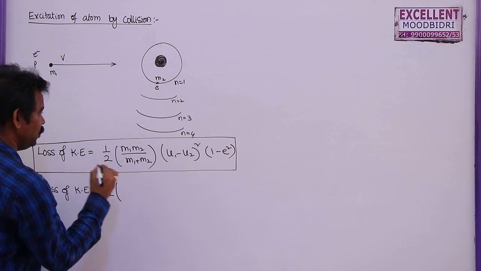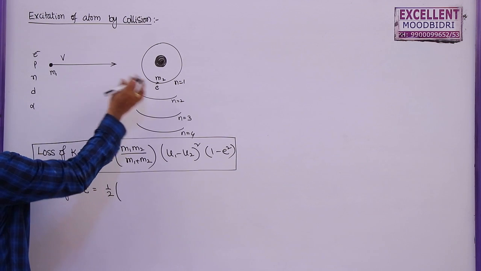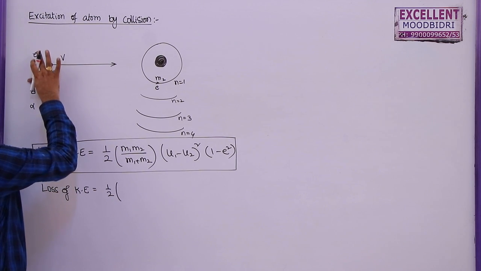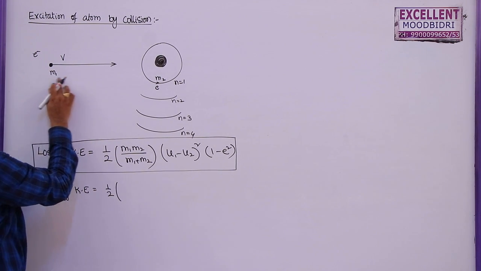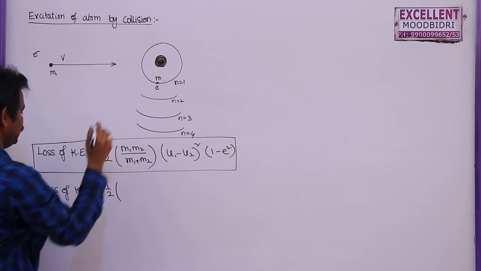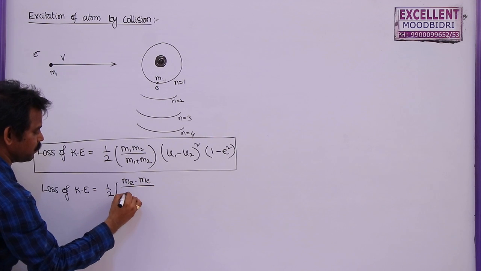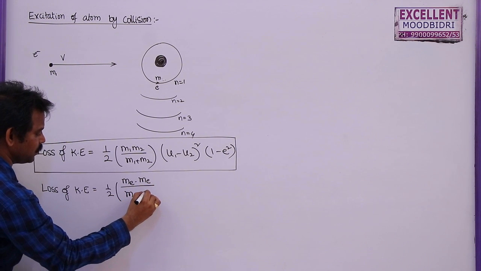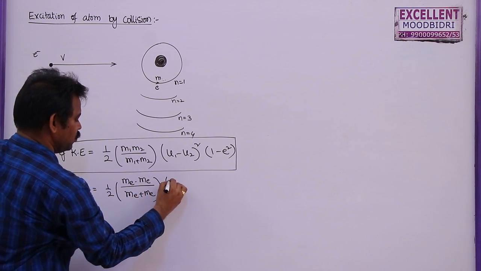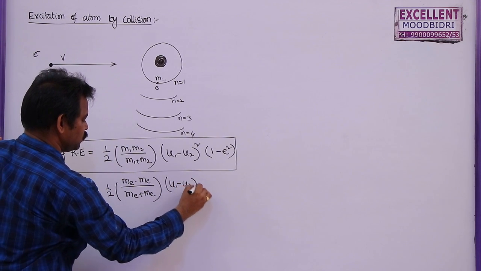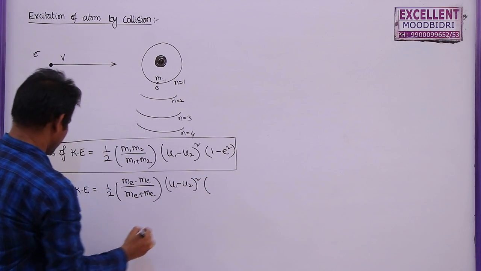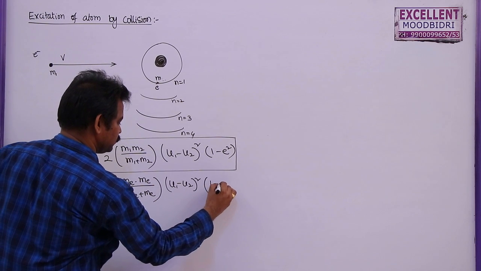half into, if the masses of these two are the same, let us say this is also an electron here, a high energetic electron colliding with another electron, then this becomes mass of electron into mass of electron by (mass of electron plus mass of electron), into (u1 minus u2) whole square into (1 minus e square).